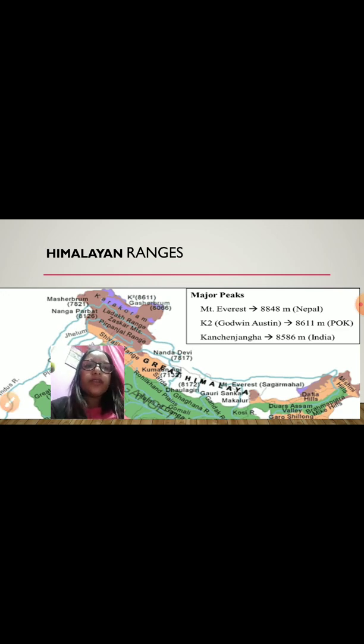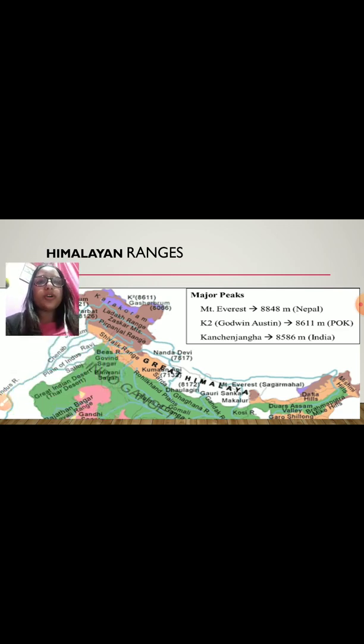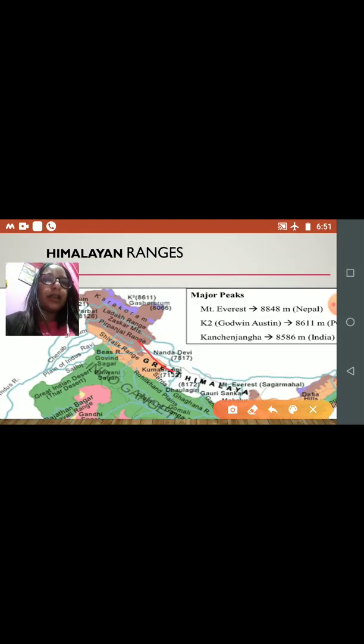The Himalayan ranges, again another very important range. The Himalayas are the highest mountain ranges in the world, made of many chains of young fold mountains that radiate from the Pamir knot.